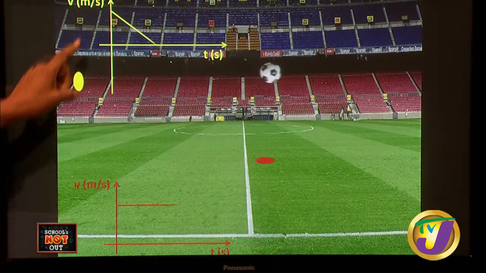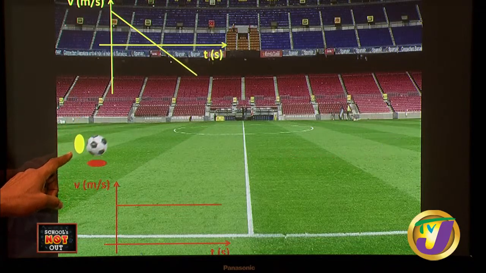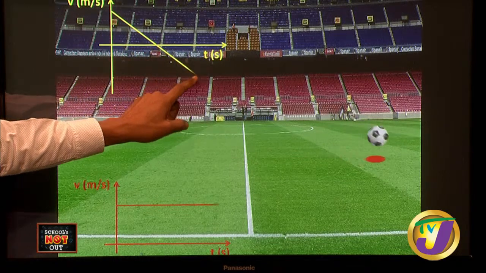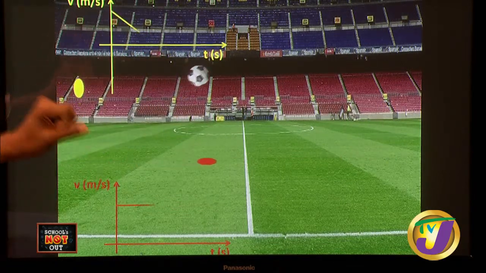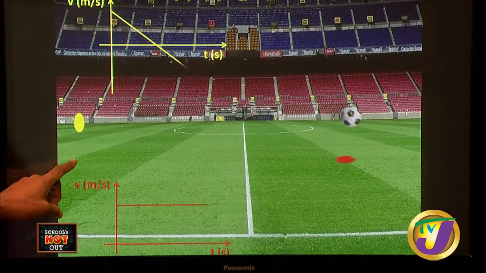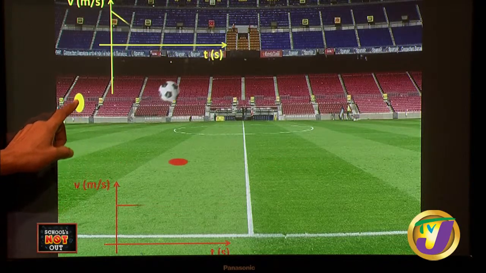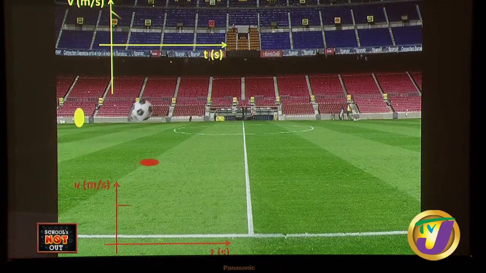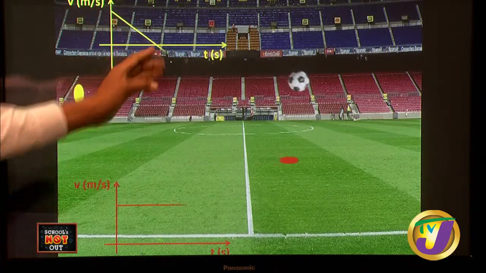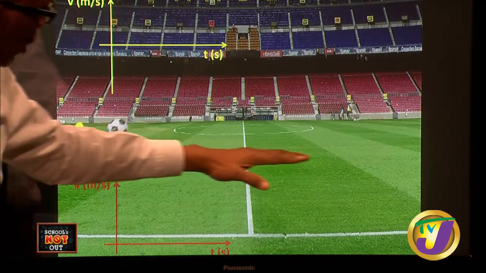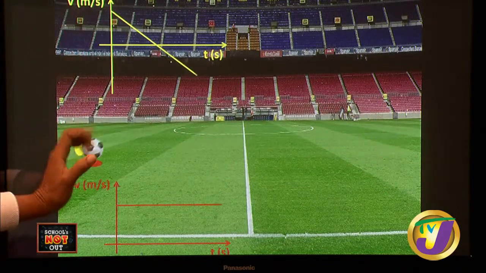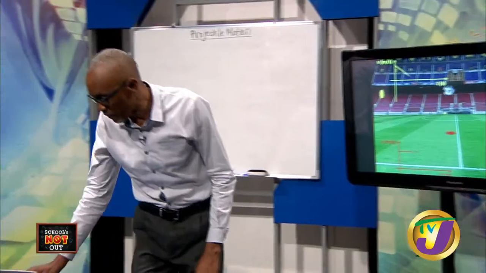The yellow dot, as the ball goes up, the velocity decreases to 0, and then it increases in the opposite direction. And so we can draw these two velocity time graphs for the horizontal component of the motion of the ball and for the vertical component of the motion of the ball. All right?